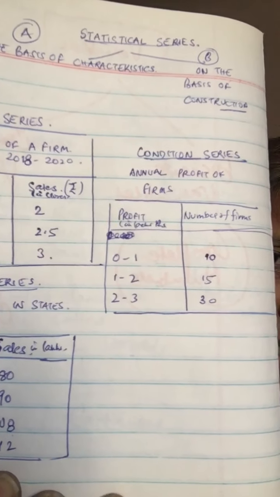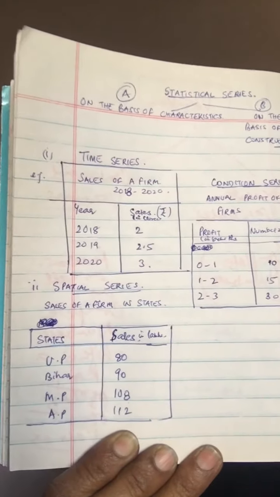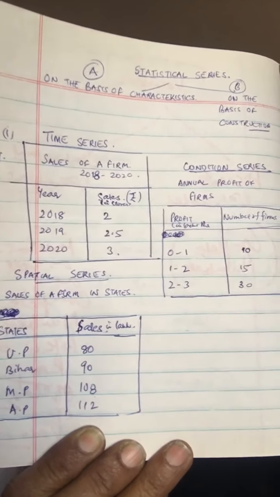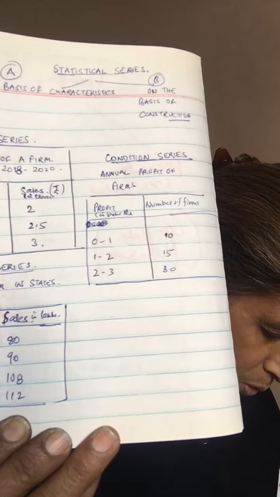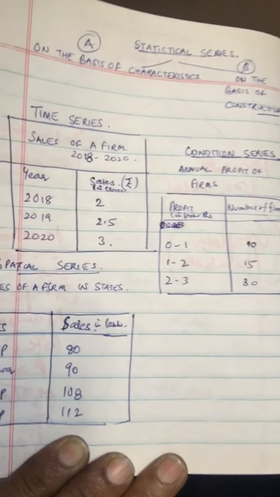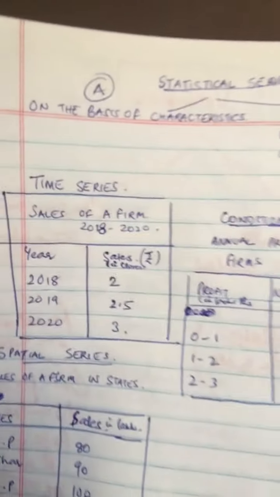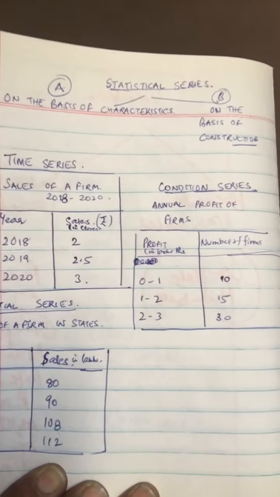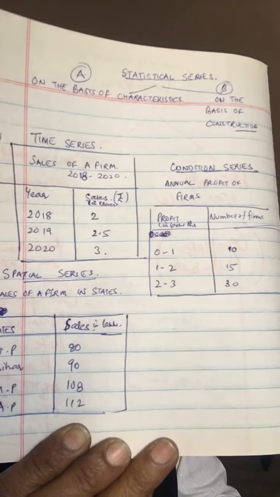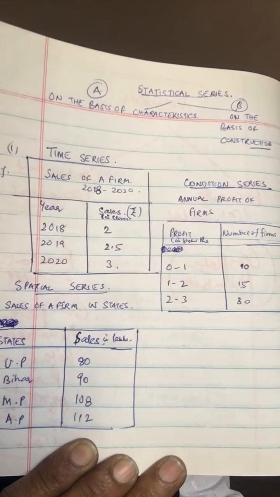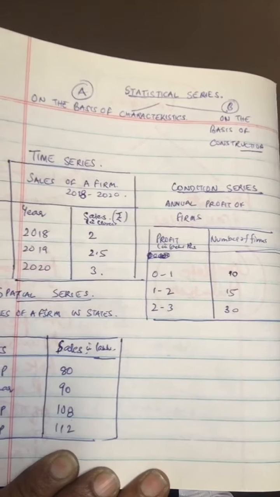The first one is the time series. The second is the spatial series, and the third is the condition series. So you see that, 1, 2, and 3. Again, let me repeat: one is the time series, second is the spatial, that means based on place, and third is condition.